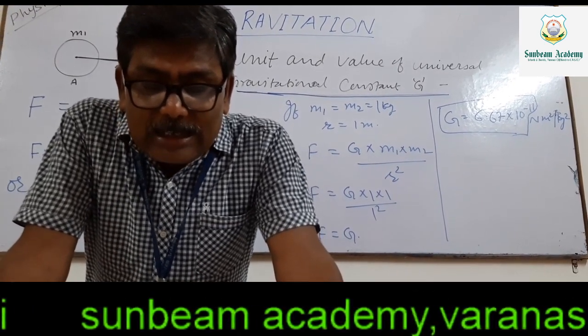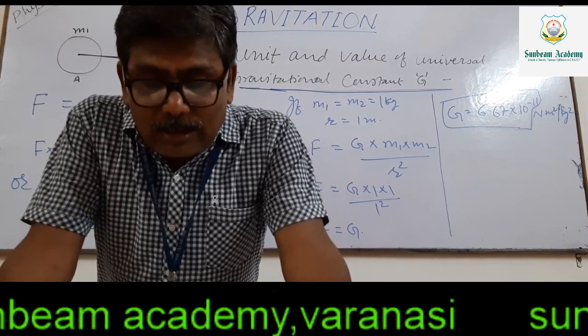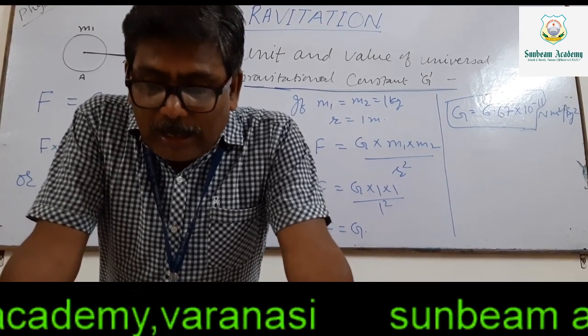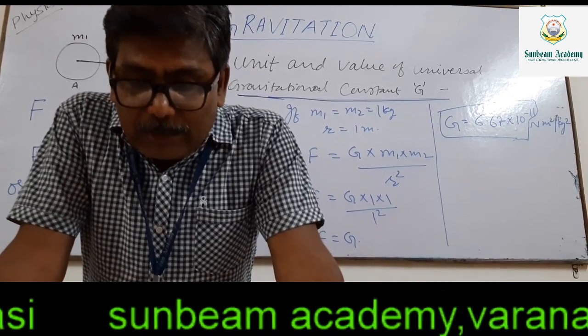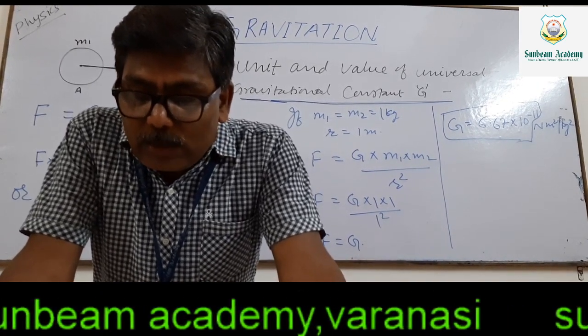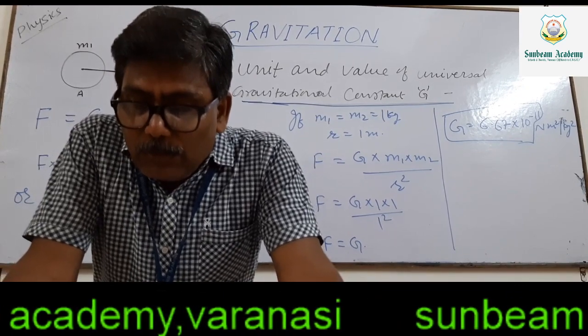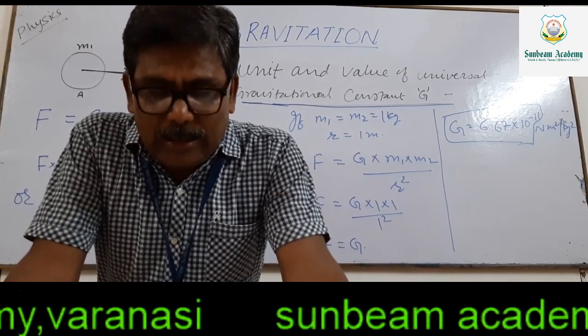That is why G is called the universal gravitational constant. As the value of G is extremely small, the gravitational force between any two ordinary objects will be really weak.